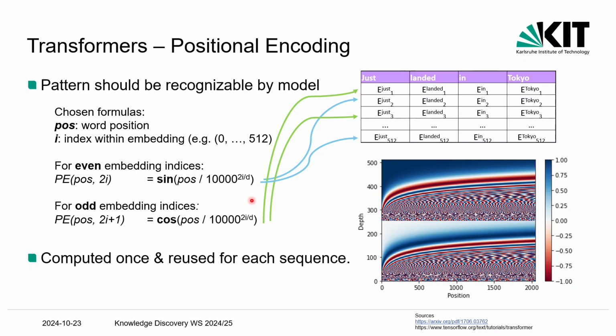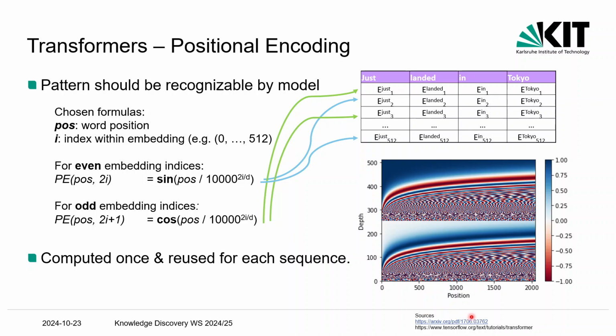So within the positional embedding formula, you have two arguments: the position of the word itself, and 2i being the position of the index within the embedding. And in the end, you compute all of this, and the researchers did choose these formulas for good reason.